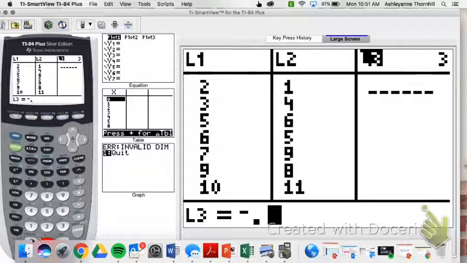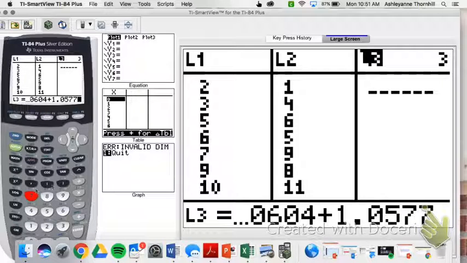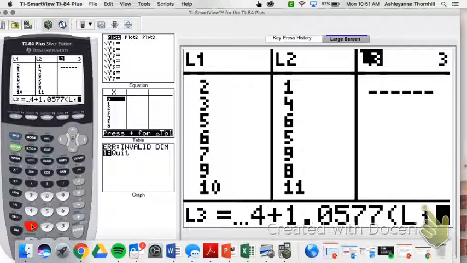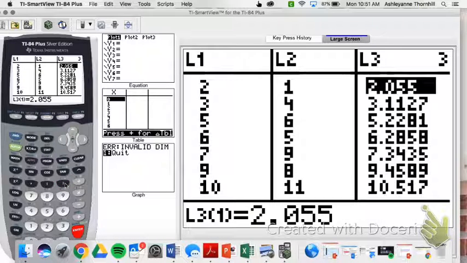Negative 0.0604 plus 1.0577. And then instead of putting x, what am I going to put? L1, because those are my x's. So close parenthesis, enter. So these are the numbers that you should get.